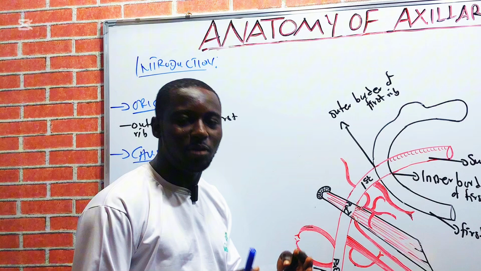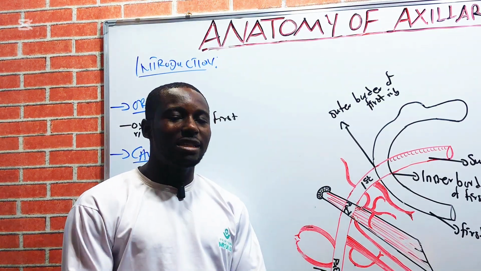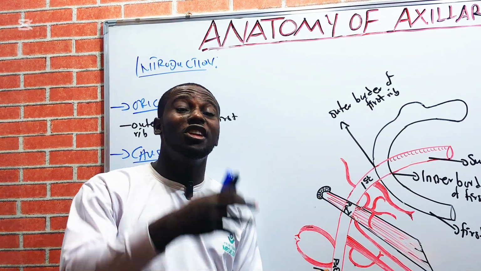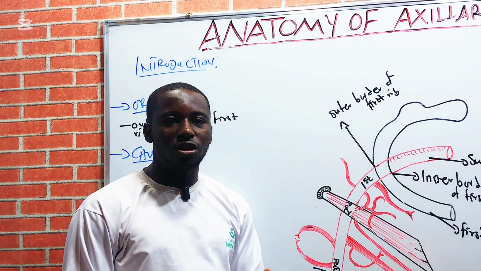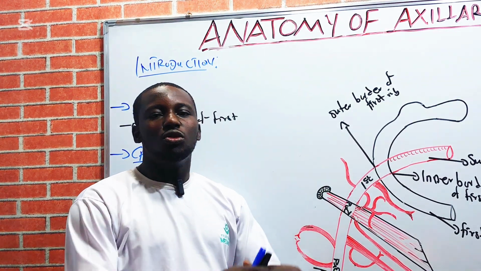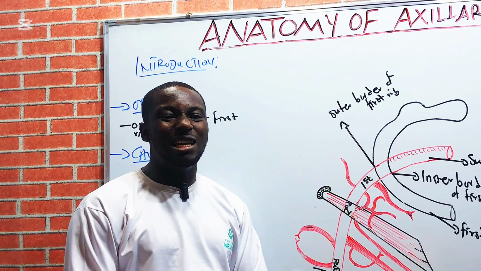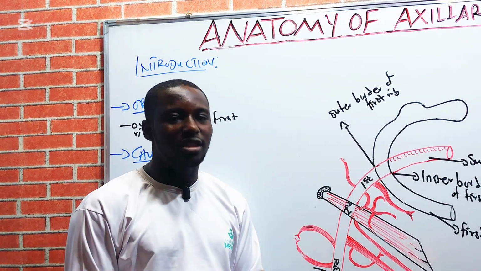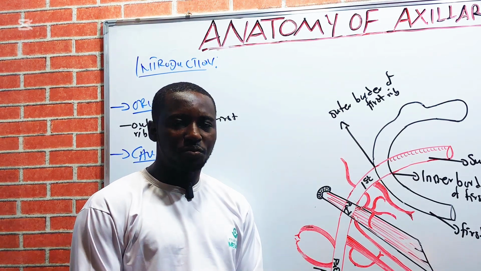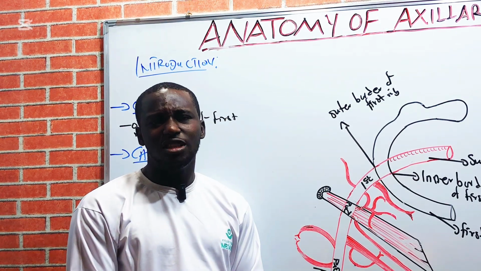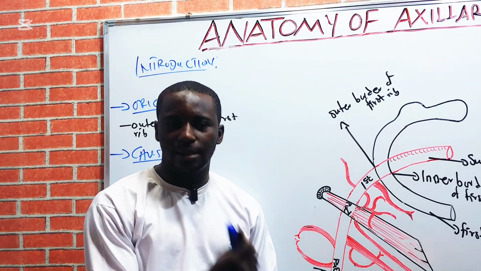Recall that in anatomy, the structure that is passing a particular region takes the name of the region it is passing through. When the subclavian artery courses along the upper thorax, it supplies the important structures in the thoracic region. When it courses laterally, going along the axilla, it takes the name of that region. That is why it's called the axillary artery.